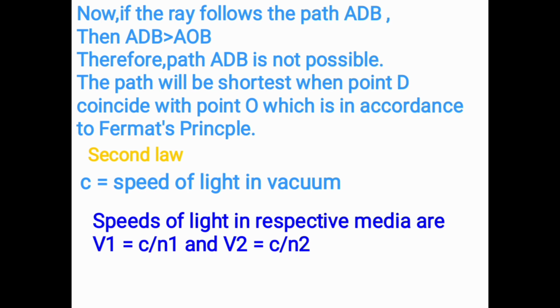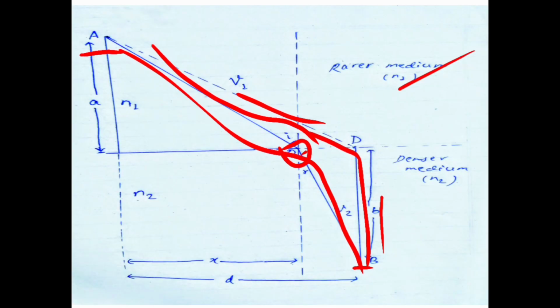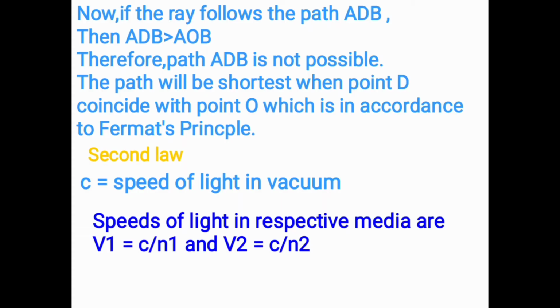Now come to the second law. C is the speed of light in vacuum. The speeds of light in the respective media are v1 equal to c upon n1 and v2 equal to c upon n2.